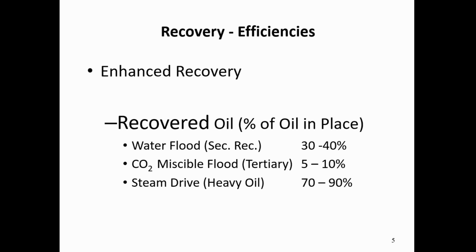Therefore, every chemical injection, thermal injection, CO2, nitrogen, whatever, all of them are classified as tertiary recovery. So the number of methods in tertiary recovery is bigger than the number of methods in secondary. Secondary is only 2 methods, but in tertiary you have 25 methods.